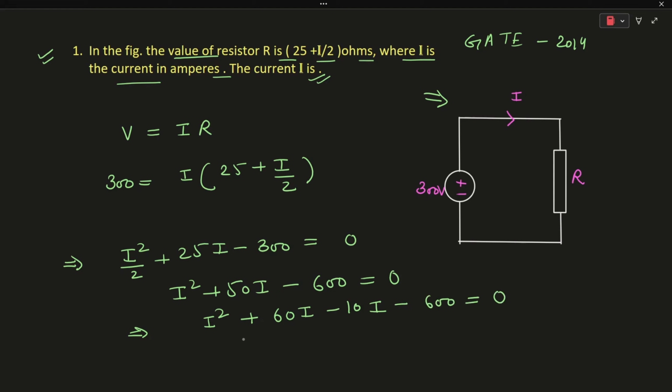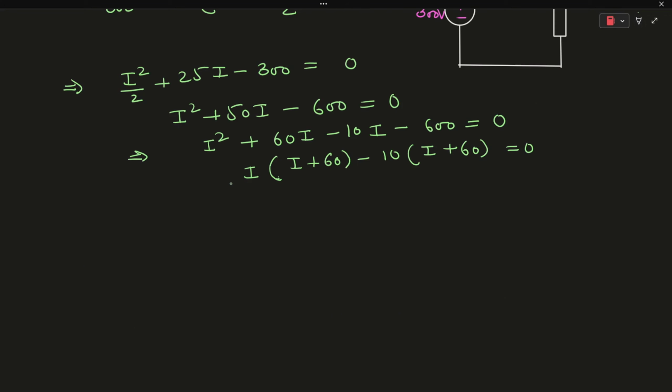On taking common, we are getting I plus 60 into I minus 10. So this implies the value of current I is equal to minus 60 amperes and 10 amperes.